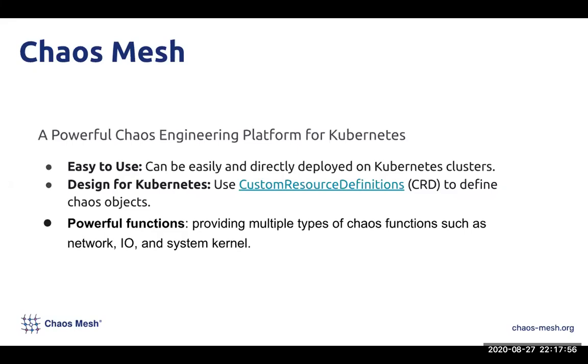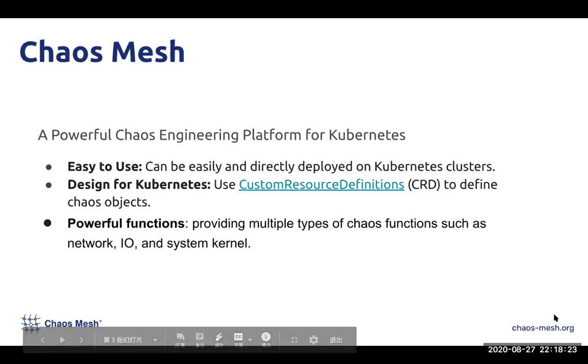You can use CRD, custom resource definitions, to declare chaos objects. And Chaosmesh has powerful functions. It provides multiple types of chaos functions, such as network, I/O, and the system kernel. If you want to know more about Chaosmesh, you can look at our official website.